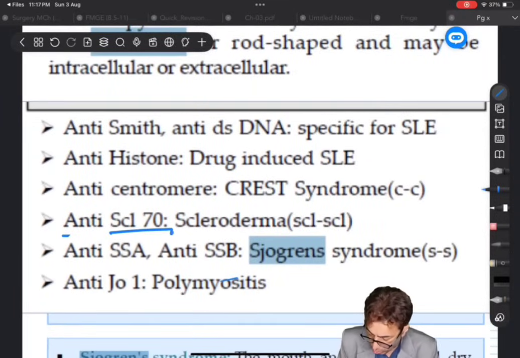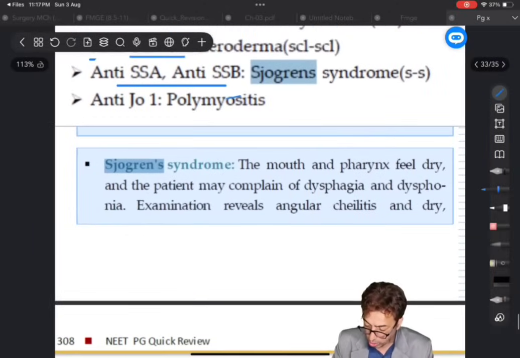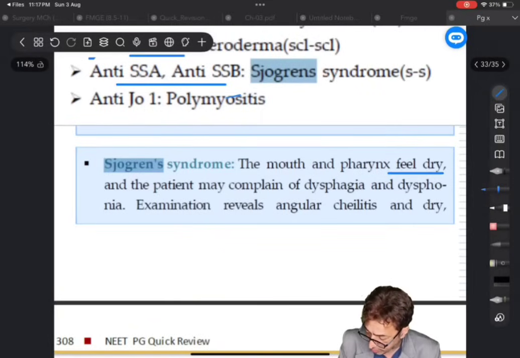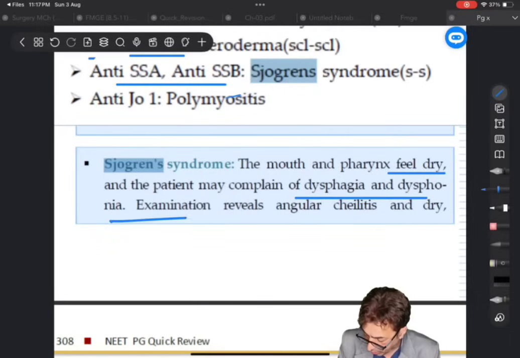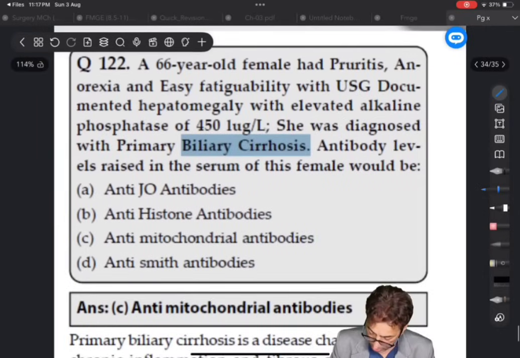So over here we had two questions: anti-Scl-70, and anti-SSA and anti-SSB with the features of Sjogren's syndrome, which I will be coming up to. Sjogren's syndrome: dry mouth, dry eyes, dry everything. That's why dysphagia, dysphonia, corneal ulcers, stomatitis and angular cheilitis occur.